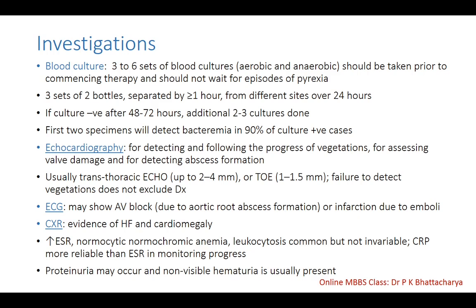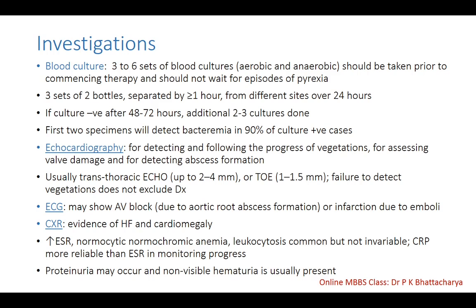Taking 1 culture is enough, but it is not that. You have to take several cultures because the amount of bacteremia is not so high in these particular people. So you have to keep on targeting at different times so that you can at least pick up 1 culture. The first 2 specimens detect organisms usually in about 90% of culture positive cases.